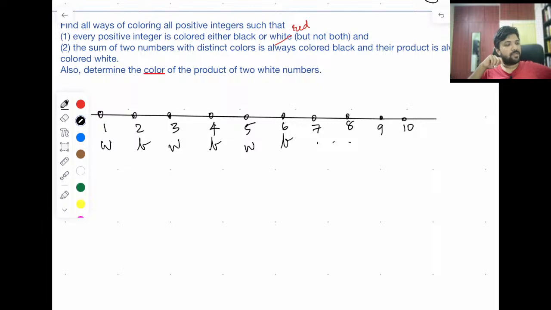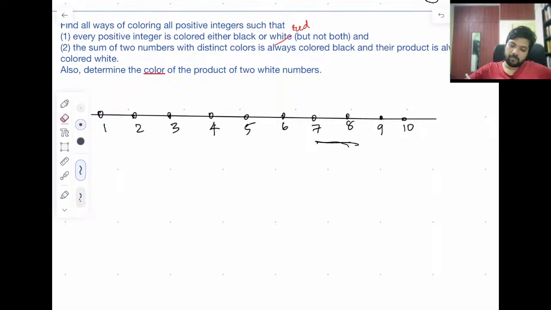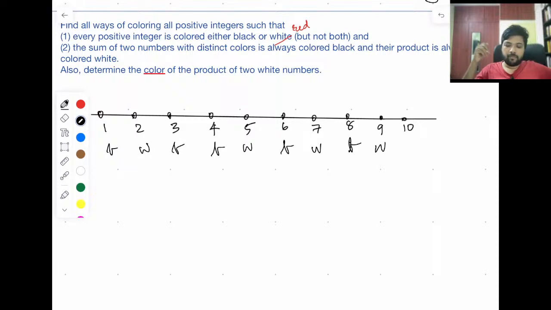Okay, I think I've labeled it the other way. Maybe I should have labeled black, white, black, white. Okay, now it works.